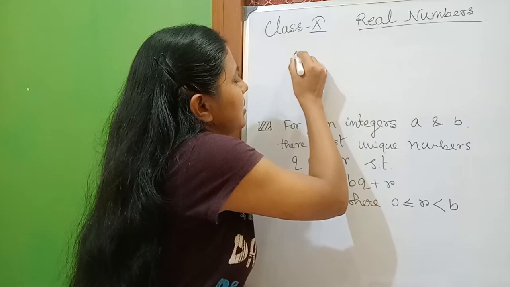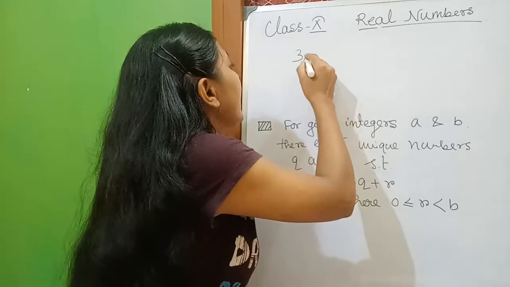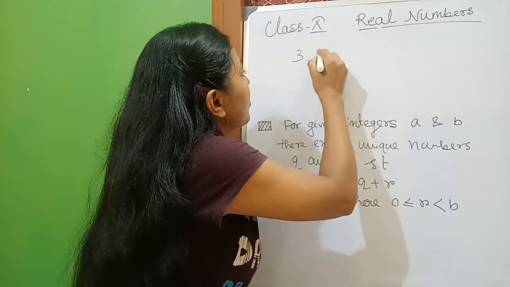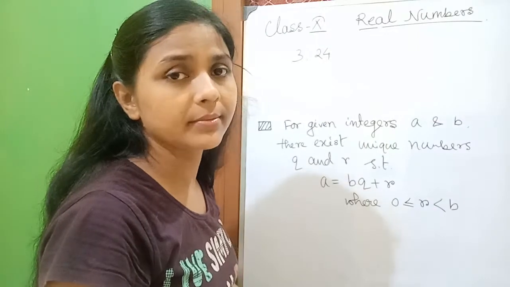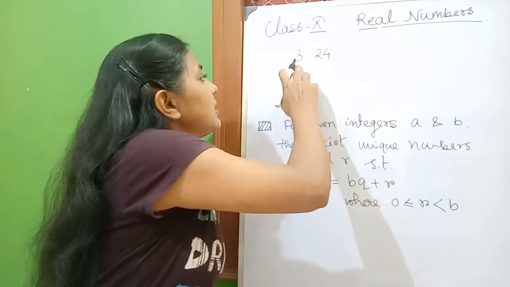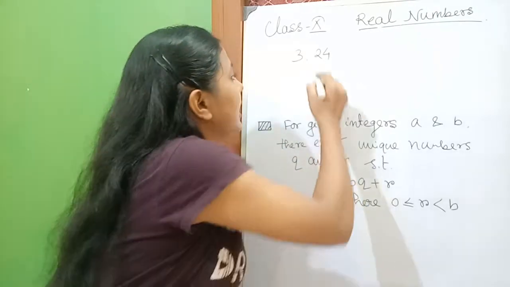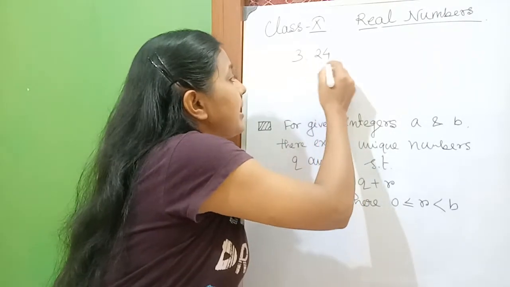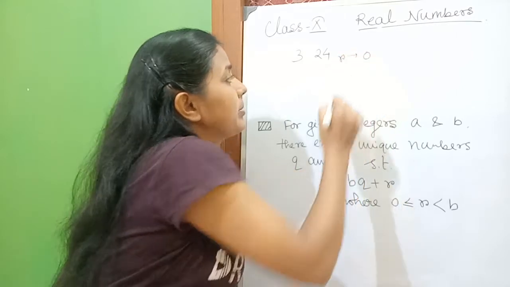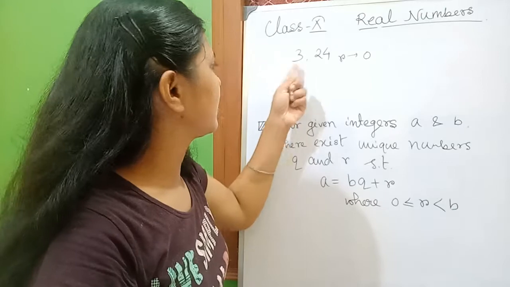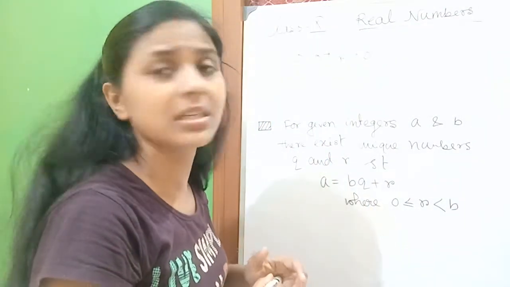Suppose I am taking 3 as the divisor and 24 as the dividend. Then you are dividing 24 by 3 and you are getting remainder 0, right? The remainder will be 0 because 24 is a multiple of 3.